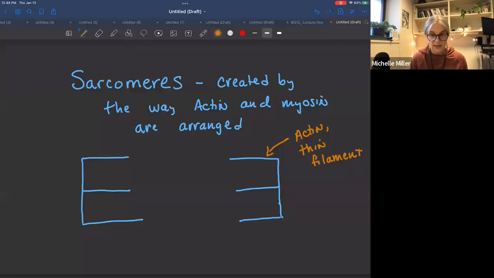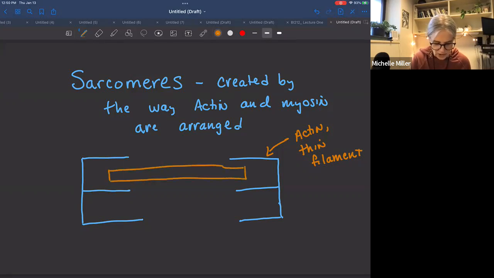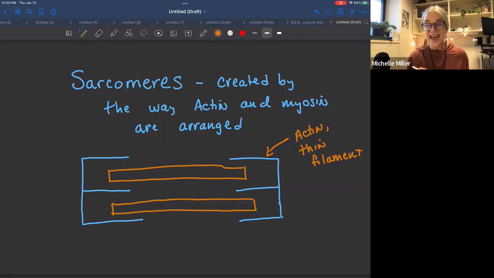And then let's make the thick filament orange to distinguish it. This is my thick filament. And this thick filament has on it these little heads, so I'm going to draw them on here, that are going to be able to bind to the thin filament. The thick filament is the myosin.